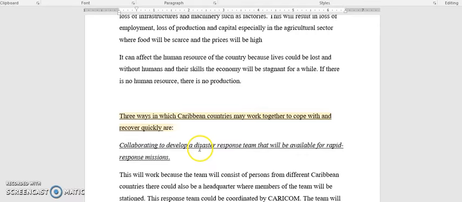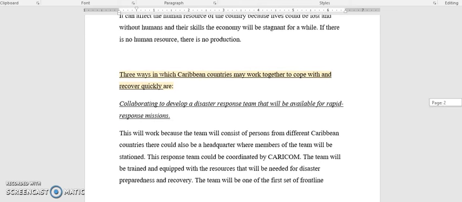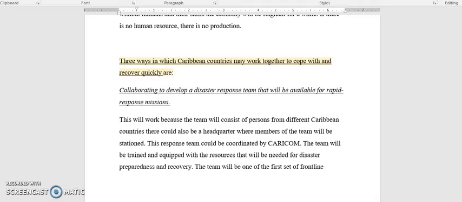collaborating to develop a disaster response team that will be available for rapid response missions. This will work because the team, right, will be consisted of persons from the different Caribbean countries. There could also be a headquarters where members of the team will be stationed. This response team could be coordinated by CARICOM.